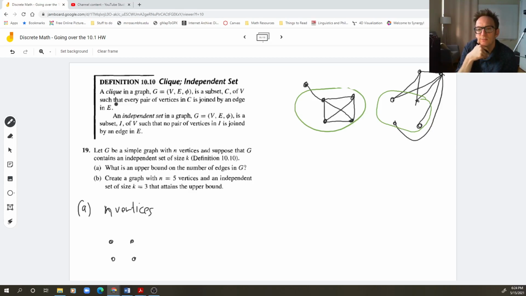Well, I guess every other edge would be there, except for these. So if there are k of these, but there are n vertices total, then the complete graph would have n choose 2 edges.